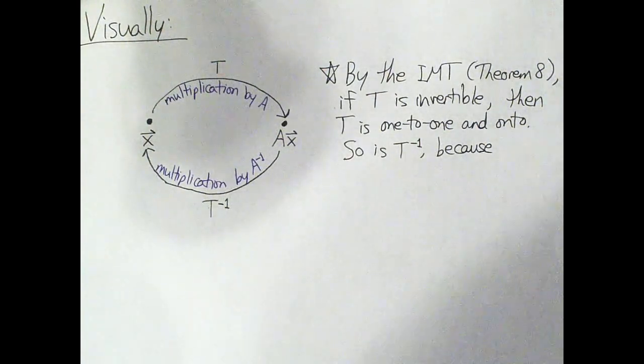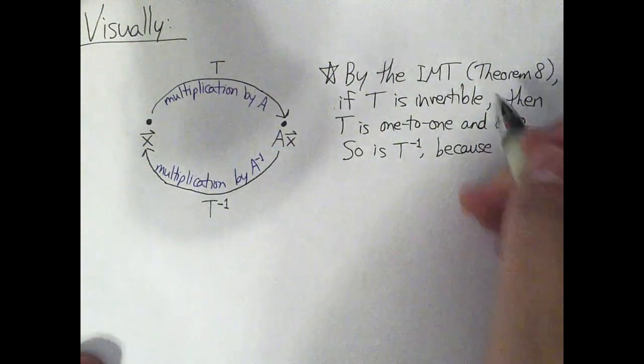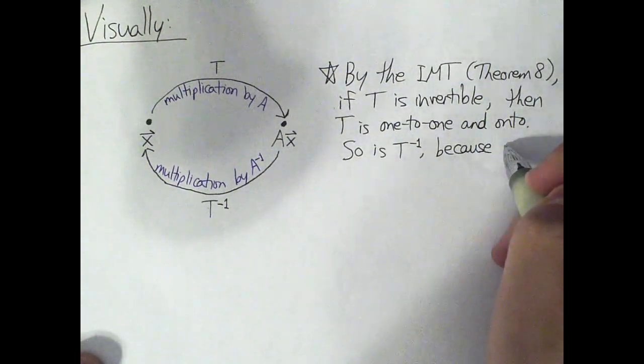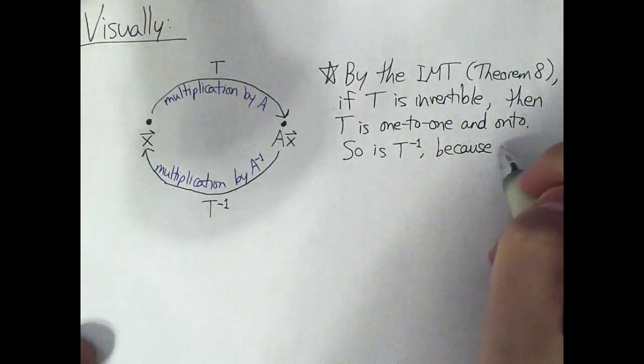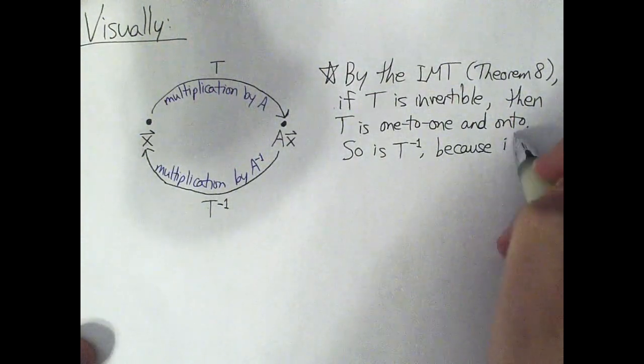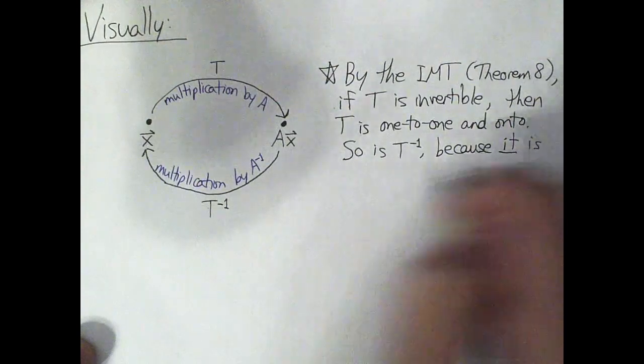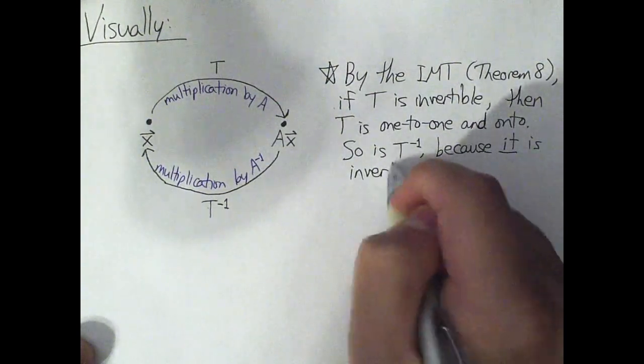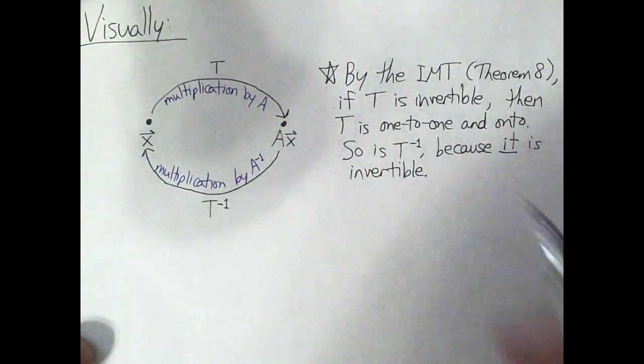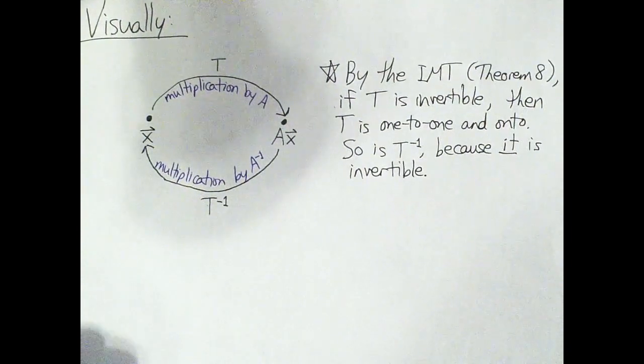Why do you think I'm going to say that's true? How do I know that for sure? The simplest way, I think, to explain it is to say, because it is invertible also. And the inverse of the inverse just gets you back where you started.